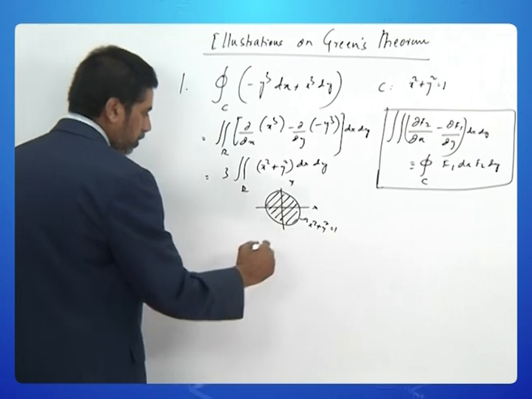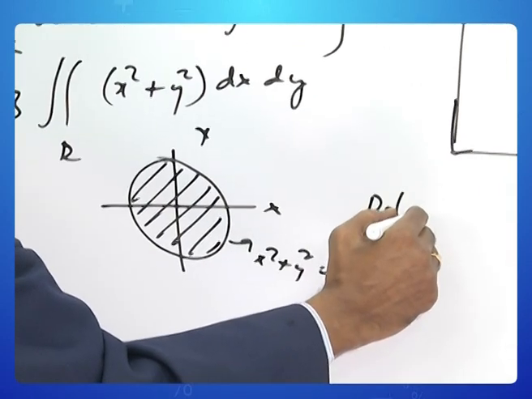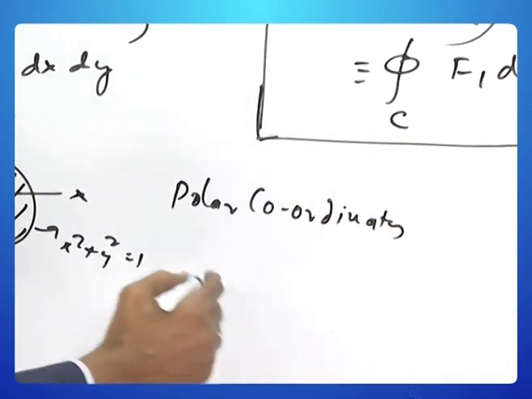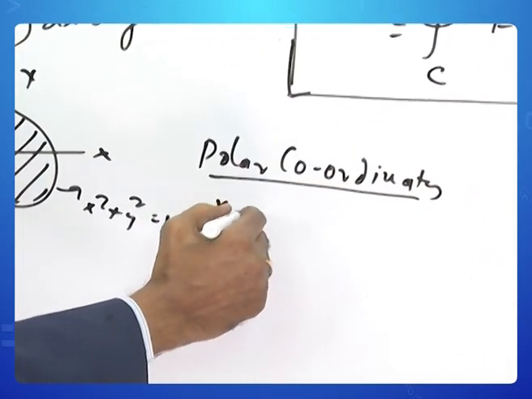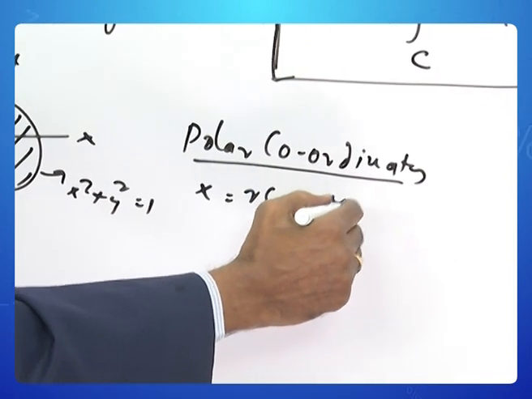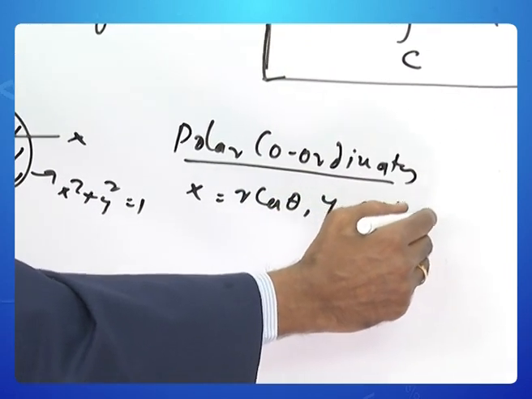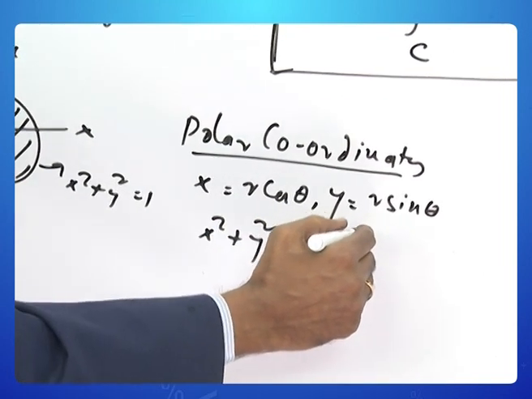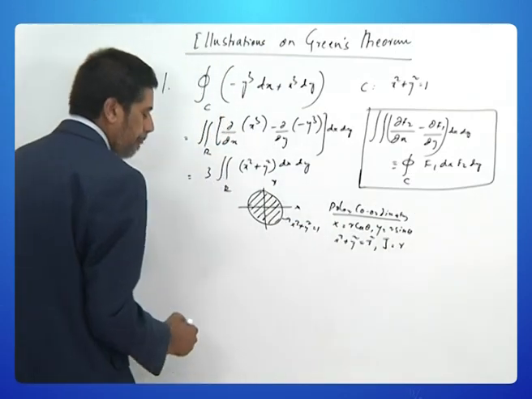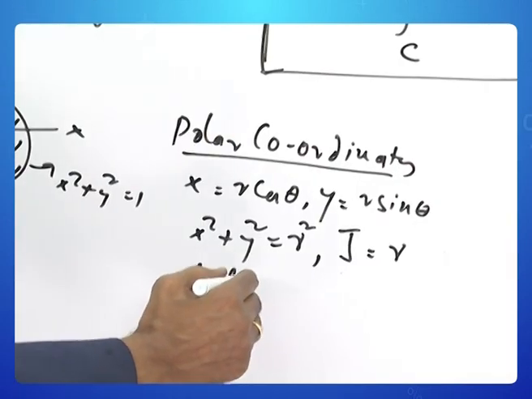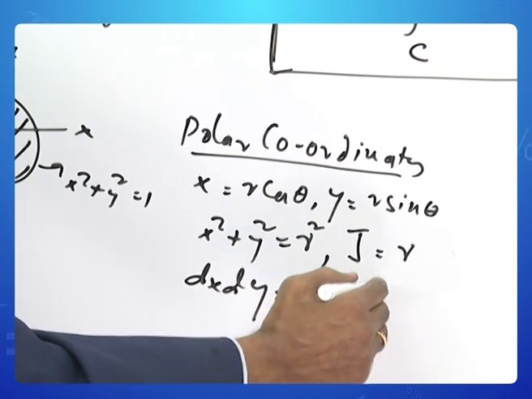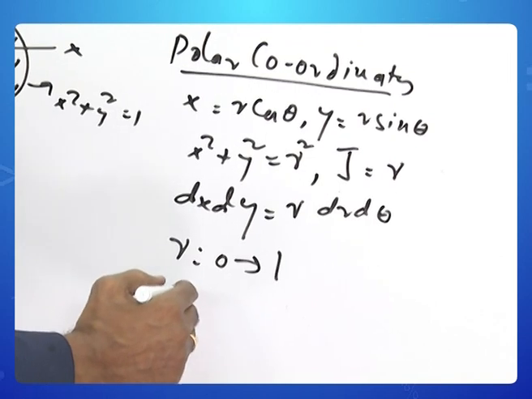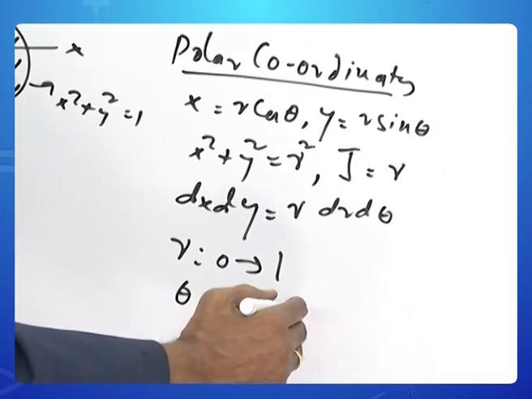So if you use polar coordinates, x is equal to r cos theta, y is r sin theta, x square plus y square is r square, Jacobian is r, which means dx dy is r dr d theta. r varies from 0 to the radius of the circle, theta varies from 0 to 2 pi.